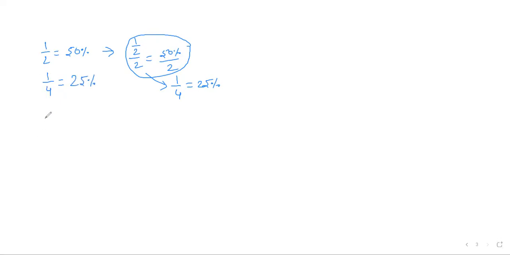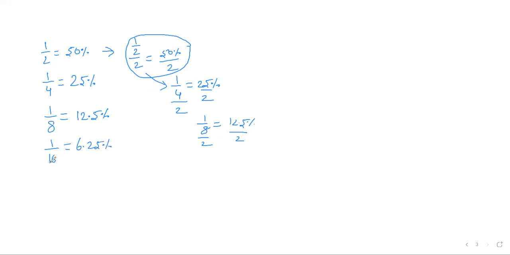Now, with the help of this, I can also get 1 by 8. 1 by 8 easily, divide by 2 here also, so 12.5%. If I have to find 1 by 16, nothing else, 1 by 8 is equal to 12.5%. Divide by 2, easily get 6.25%.